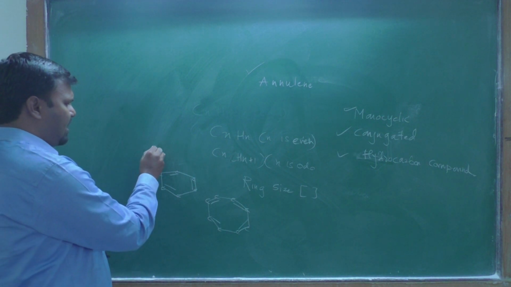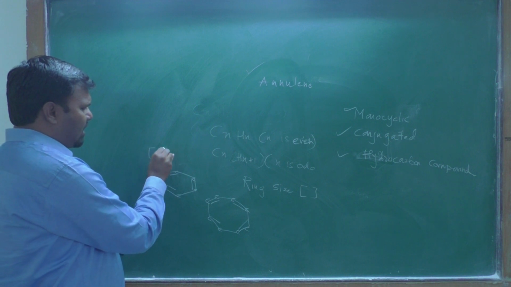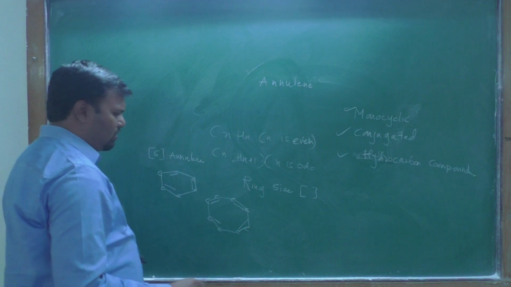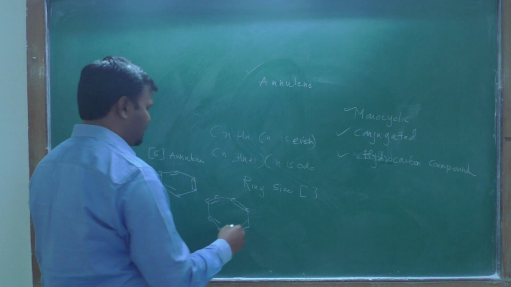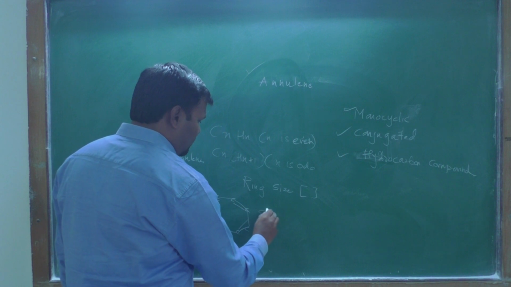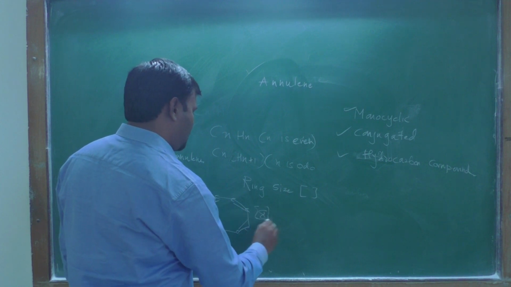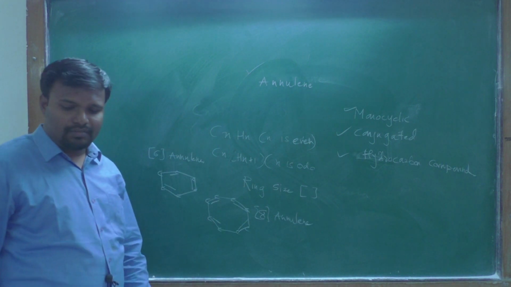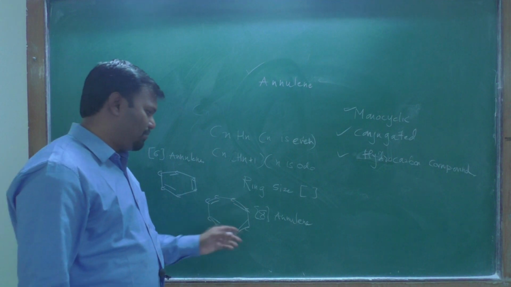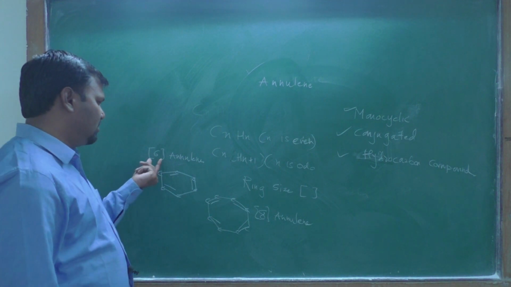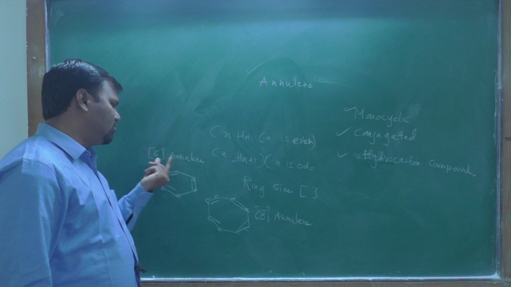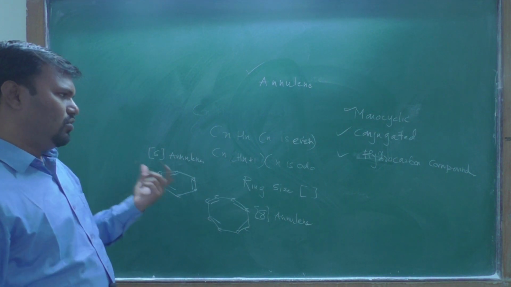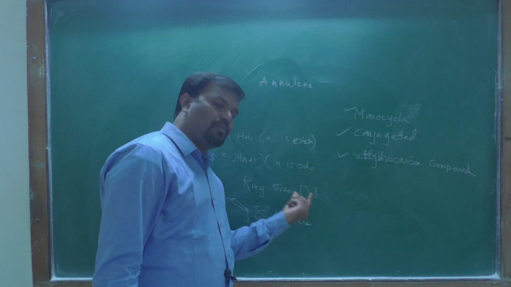Benzene is represented as [6]annulene, and cyclooctatetraene is represented as [8]annulene. Normally the number of carbons you write in brackets before annulene. Okay, [6]annulene, [8]annulene. The size of the ring you have to show in brackets.